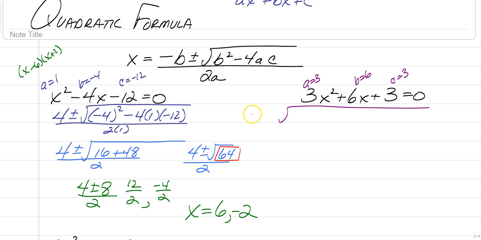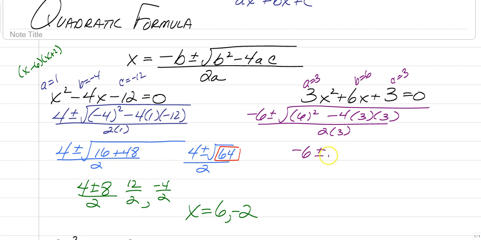So you would have -6 plus or minus the square root of 6 squared minus 4 times 3 times 3. So that's all over 2 times 3 as well. So you have -6 plus or minus the square root of 36 minus 36, all over 6.